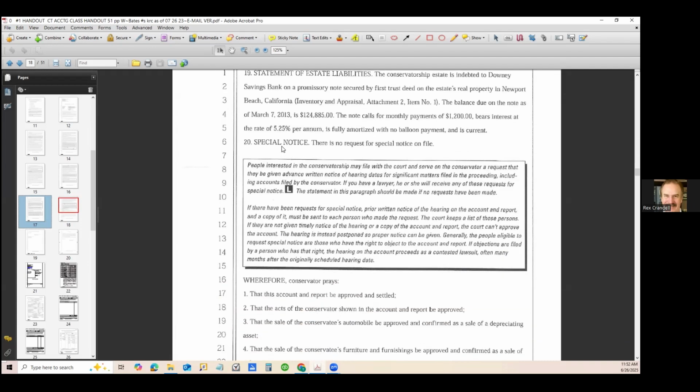Let me also say what you may watch out for is if somebody files a request for special notice and later withdraws it, I will still put that they filed a request for special notice.